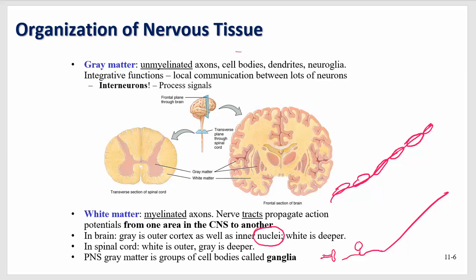And where those nuclei are gathered, that's what we're talking about, the cell bodies are gathered. That's what we call the nuclei and the ganglia. Okay, so it's just a term that you'll see, and it's good to know that that's one of the things we're talking about there.